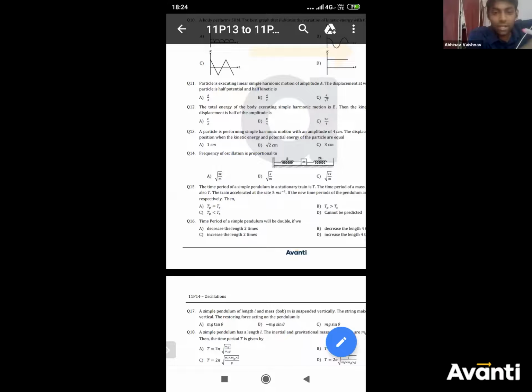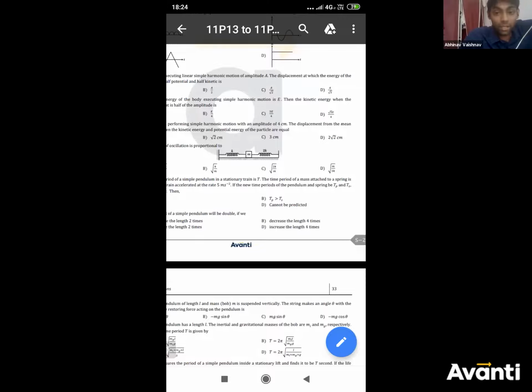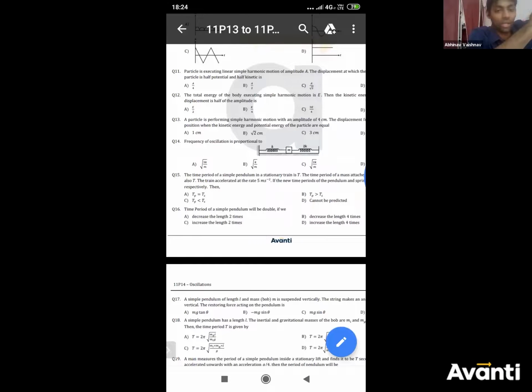Initially it was at rest, and now it is accelerating. The time period changes: for the pendulum it becomes Tp, and for the spring it becomes Ts. You have to compare which one is greater and which one is smaller: Tp equals Ts, Tp is less than Ts, and so on.